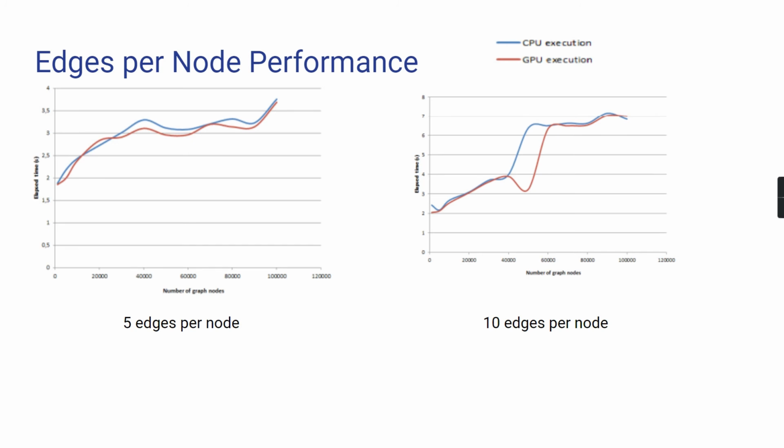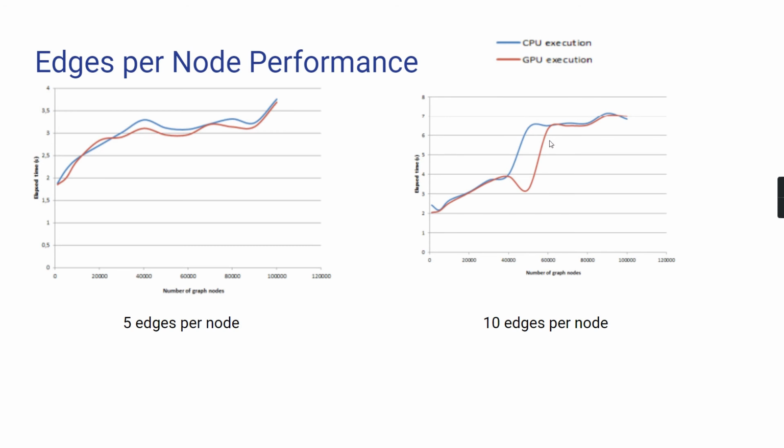Now you can see from these graphs that with 5 edges per node, the GPU execution times are pretty much faster than the CPU execution time across the board. On 10 edges per node, it becomes a little bit more ambiguous, in that the CPU is mostly slower, but aside from a large gap around 40,000 or 50,000 nodes in the graph, they are for the most part the same.